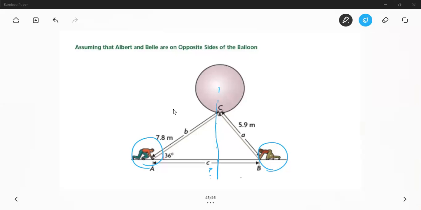You remember, when you put that on your paper, we all agreed that if it is the balloon here, Albert is on the left side and Bill is on the right side. Everyone agrees on it. But there was a second option, which causes a little bit of a problem. And this is this case.